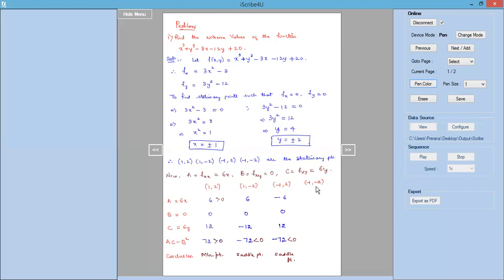And finally, we have one last value to evaluate as a stationary point, (minus 1, minus 2). Taking x is equal to minus 1, y is equal to minus 2. A will be minus 6. B is 0. C is minus 12. AC minus B square is 72: minus 6 into minus 12 is positive 72 minus 0 square. That is how we are evaluating.